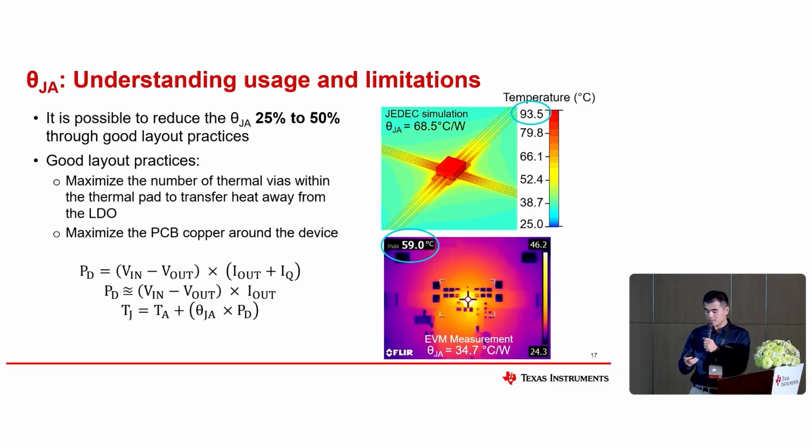So how can we improve the thermal resistance? We can maximize the number of thermal vias, especially the vias around the IC side. And also for the PCB copper around the IC, we need to maximize it, maybe for the bottom side and also the internal side.